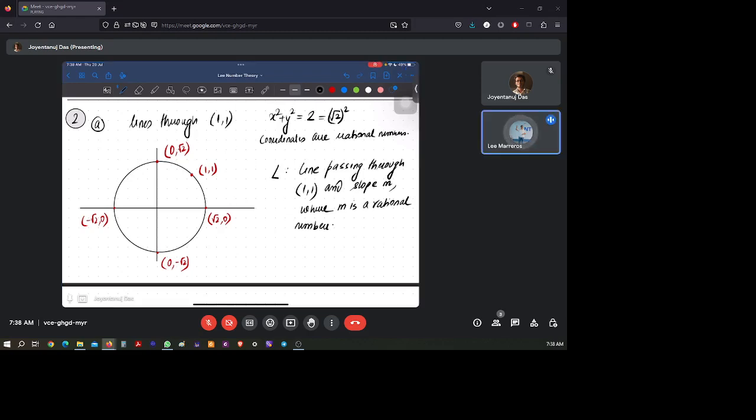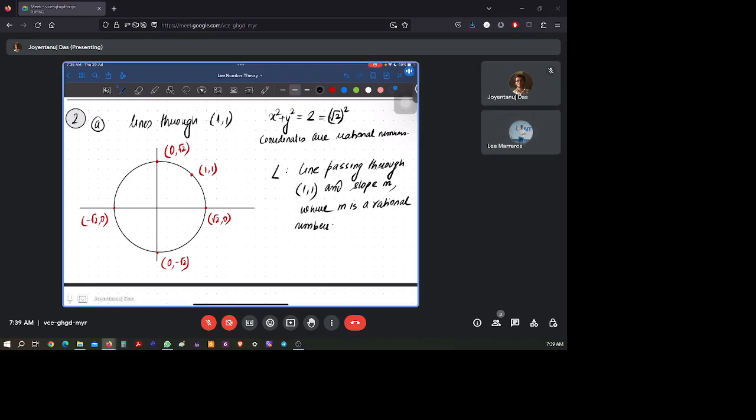The equation of the line would be y is equal to x, because the slope is 1, right? Slope is m, okay. Yeah, y is equal to mx.